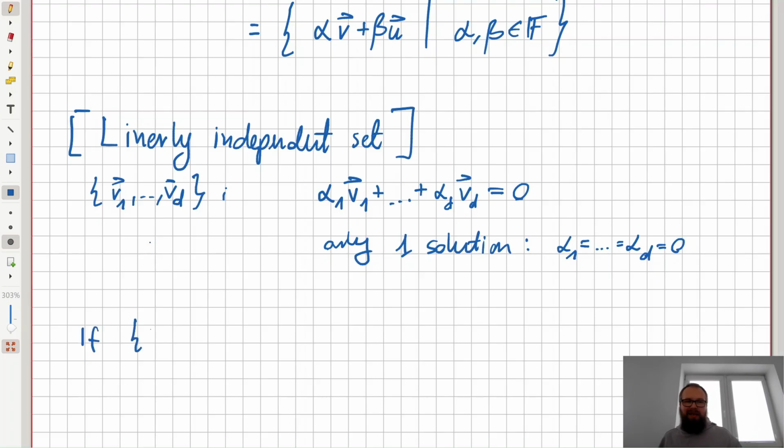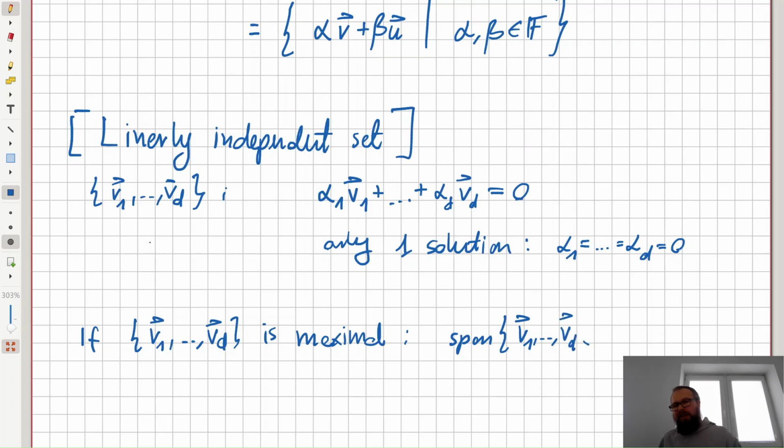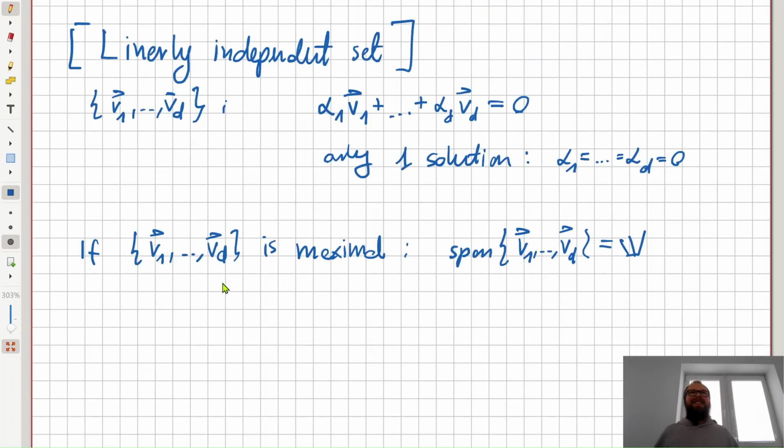So if this one is maximal, then we get that the span of all those guys, V1 to Vd, is equal to V. I hope it's not too simple for you. And then in that case, you say this set of linearly independent vectors is a basis. You call it a basis, because all the space is based on them.